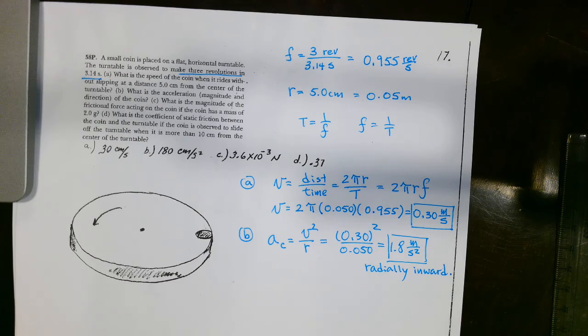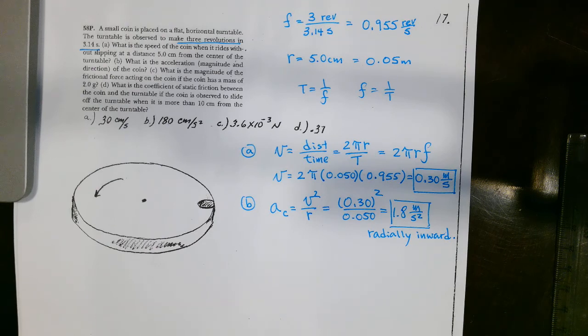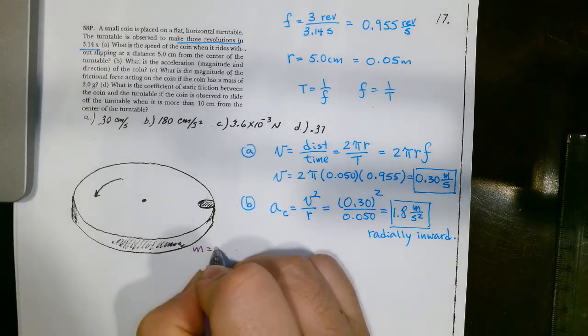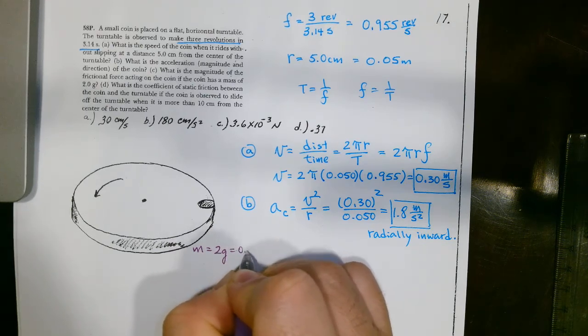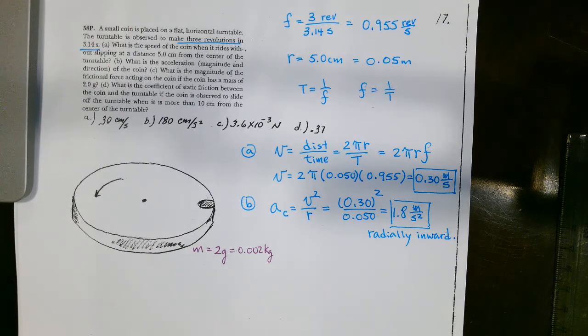Okay. Part C. What is the magnitude of the frictional force acting on the coin if the coin has a mass of 2 grams? So we know the mass now. The mass is equal to 2 grams or 0.002 kilograms.